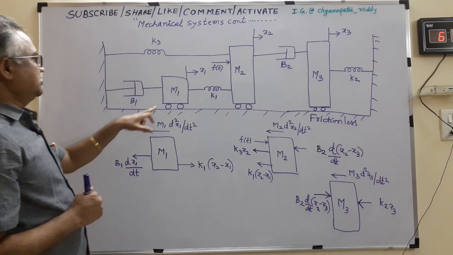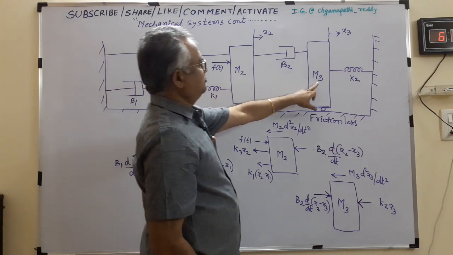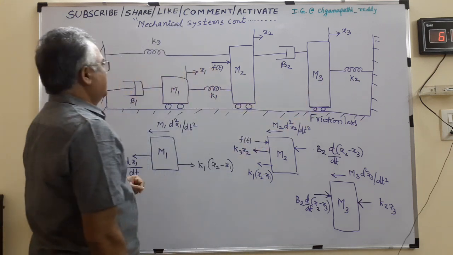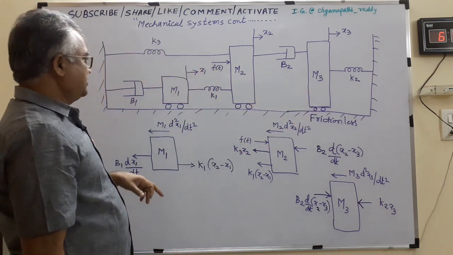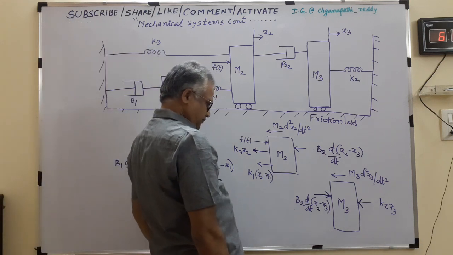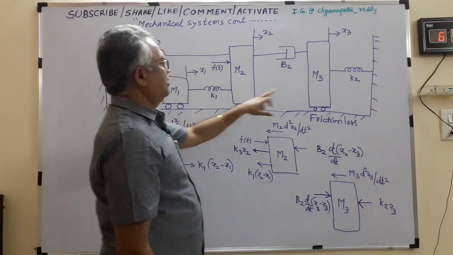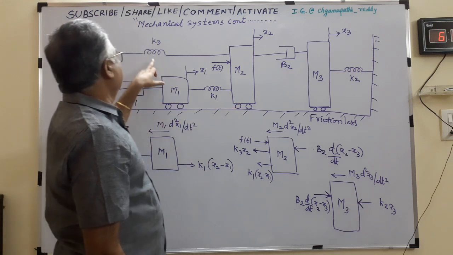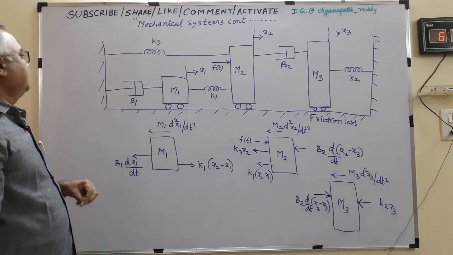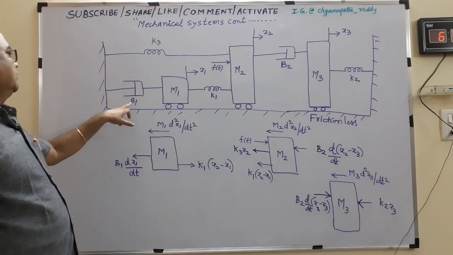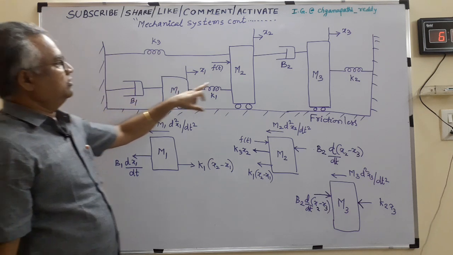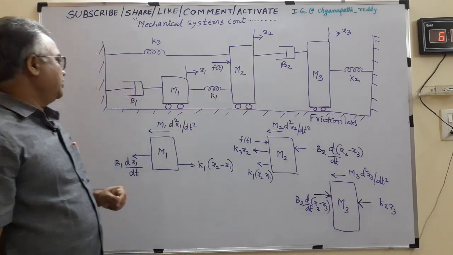So there are three masses M1, M2, M3. Then three springs are there, K1, K2 and K3. Then viscous friction piston concept, B1, B2 there.